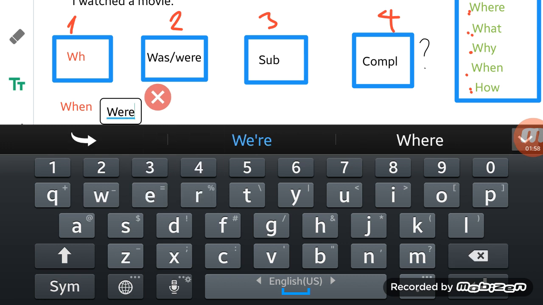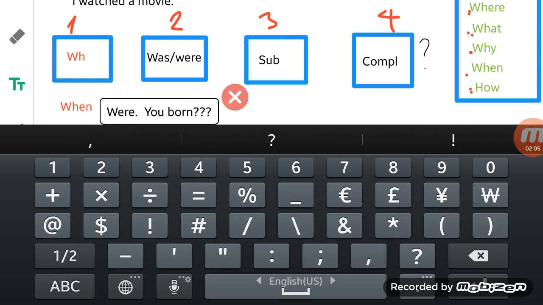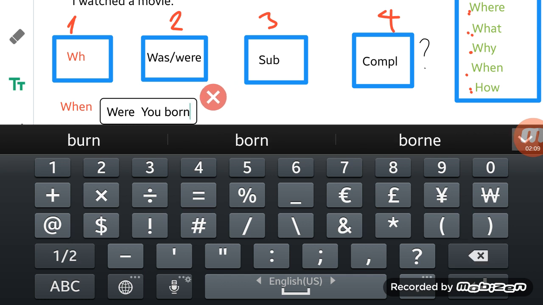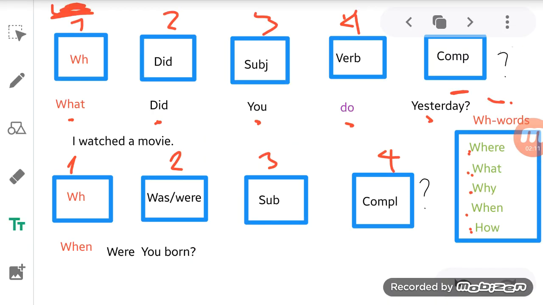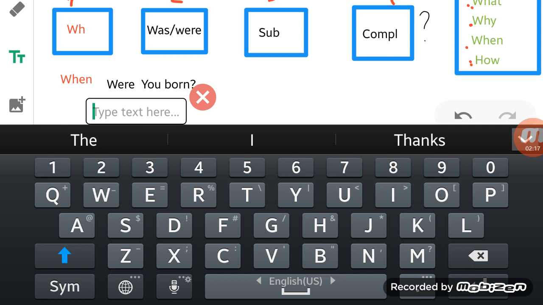When were you born? In that case, we cannot answer yes, I was, or no, I wasn't. We need to give the information that is requested.